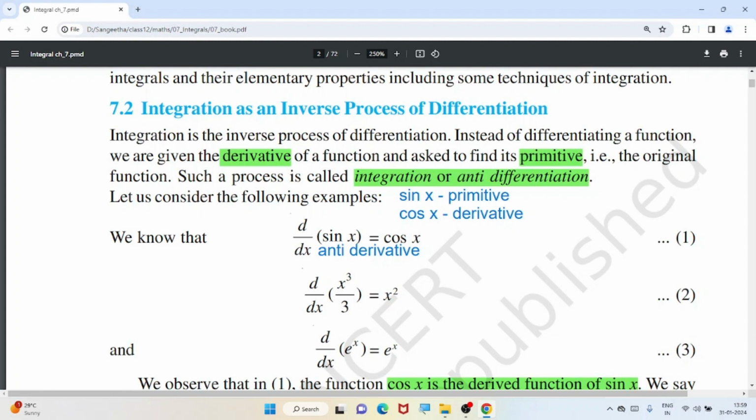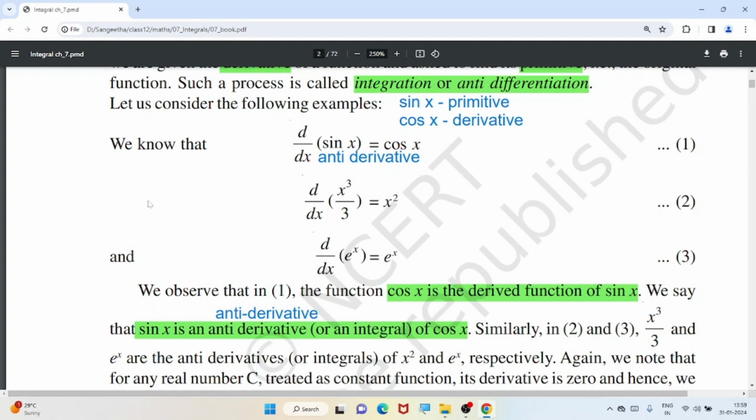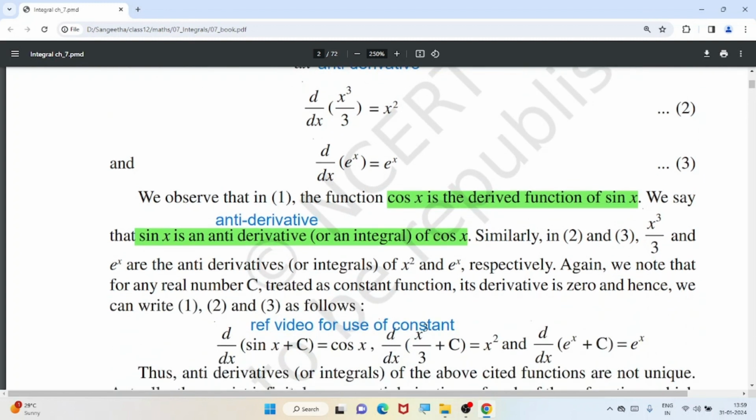So if you integrate cos x, you will get sin x. So this is the primitive, this is the derivative. Similarly, there are other examples. So sin x is an antiderivative of cos x.